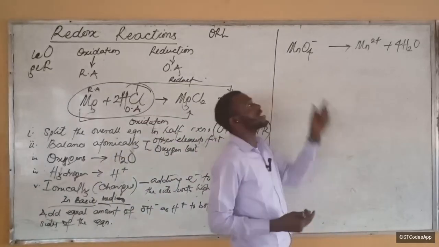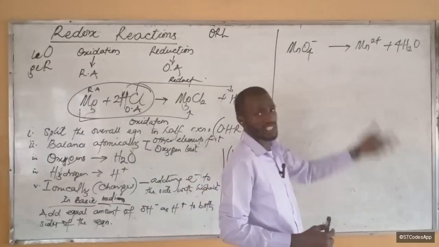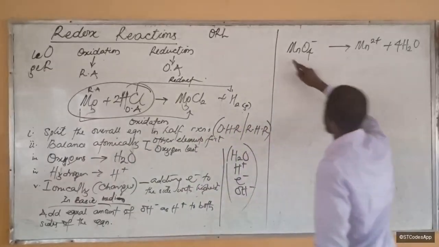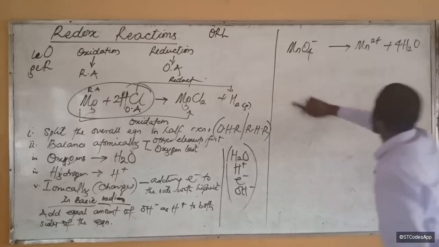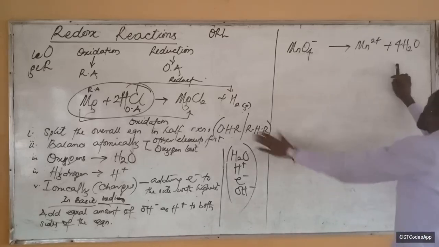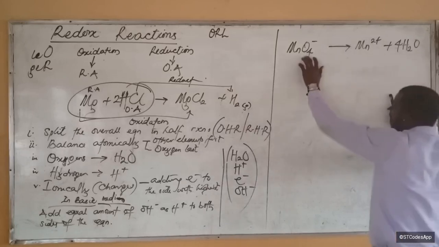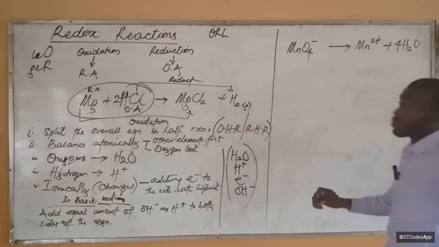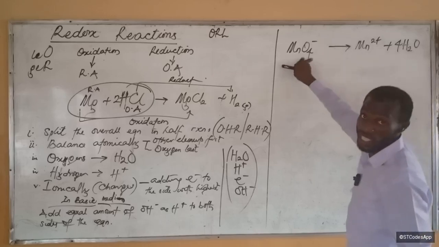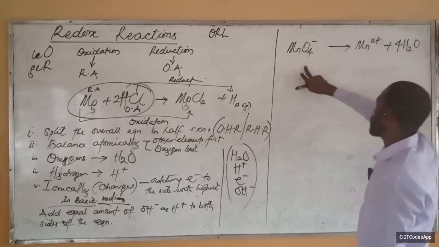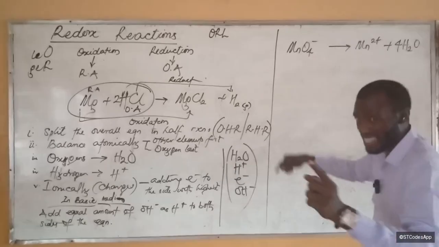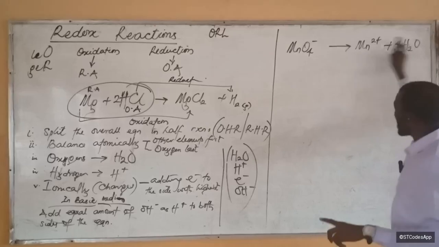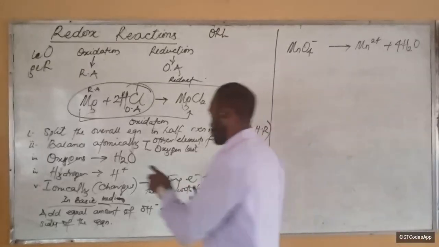So we want to know how many species we need to balance each side. Let's go again. Manganese is 1 and manganese is 1 here. Oxygen is 4. To balance oxygen, we add 4 water, an equal amount of water as we have oxygen. But you will notice that by adding water, we have added a new species, which is hydrogen.